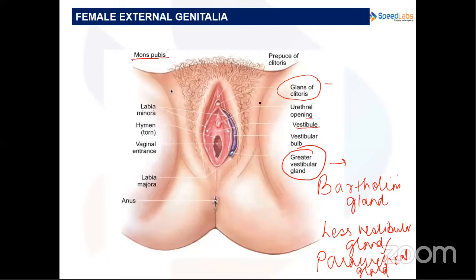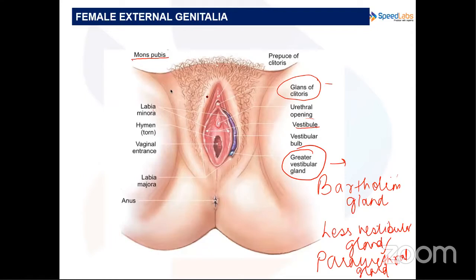So clitoris is a small cylindrical mass, you can see. It consists of two erectile bodies. It's very small over here, but it consists of two erectile bodies, and they are homologous to the glans penis. Like the penis has a layer of skin, that is also present in the glans of clitoris.